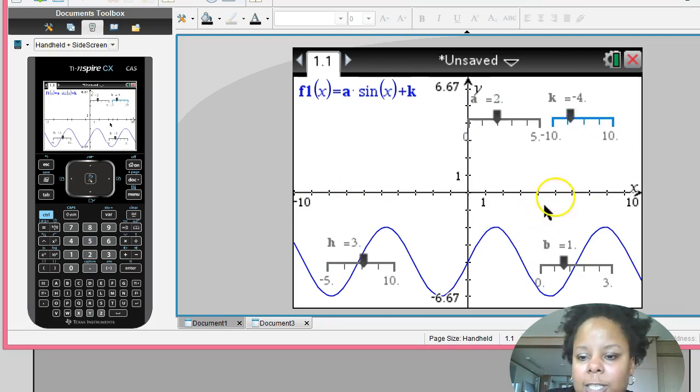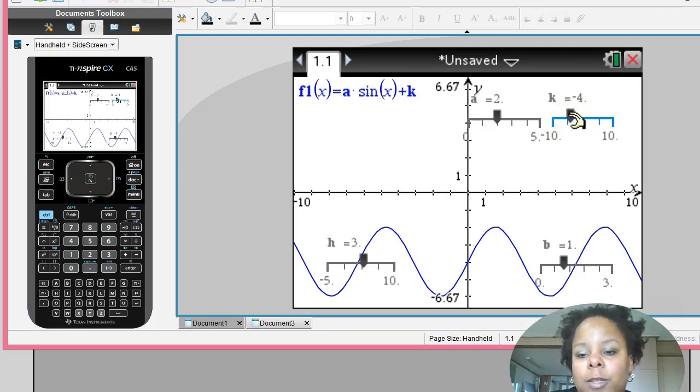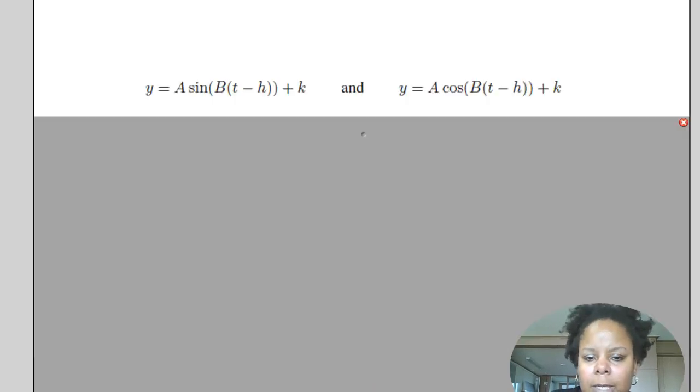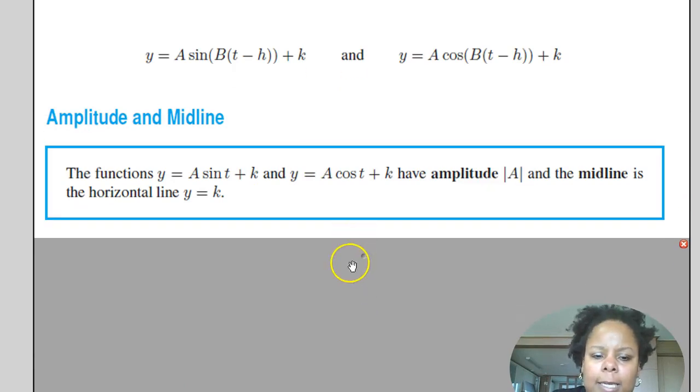That affects not just the position of the graph, but also where the midline of the graph is. So in summary, with this equation, I can tell you right off the bat, without looking at the graph, that the amplitude is going to be whatever positive value a is, and the midline is going to be at y equals k, where k represents that vertical shift.